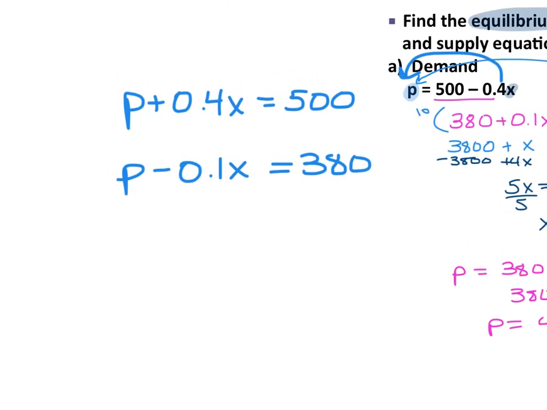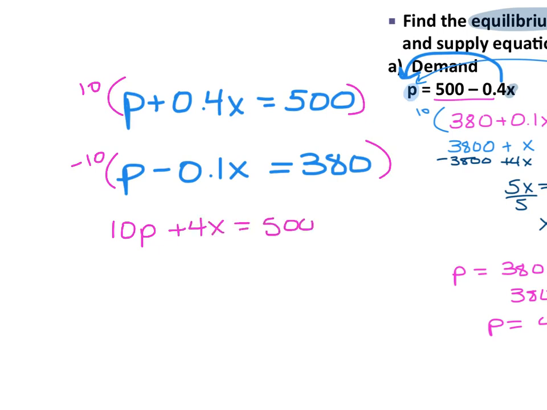And then I would want to cancel these out and also get rid of that decimal. So I can multiply the top by positive 10, and I can multiply the bottom by negative 10. And I get rid of my decimal, and also set it up to cancel out. So this would be plus x equals negative 3,800.